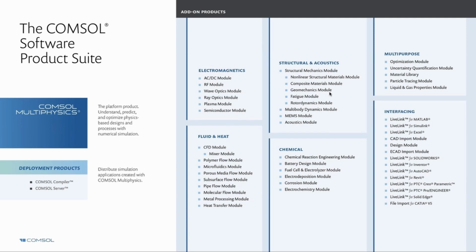If you have a parametric geometry, you can use the built-in optimization algorithms to further improve your design, to reduce, for example, mass or maximize the output power or torque, depending on your design needs. And we have the interfacing products like the LiveLink for Simulink and the LiveLink for MATLAB.